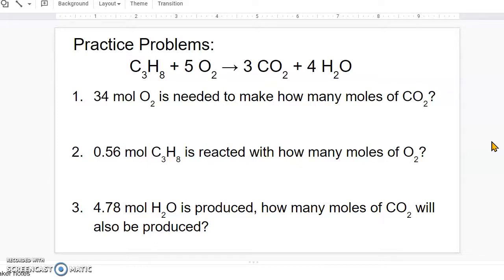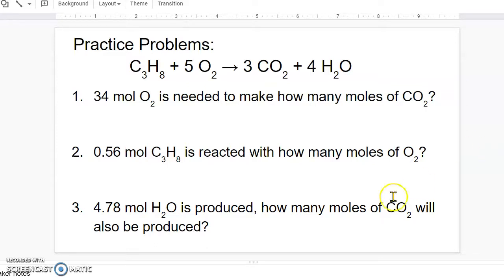So for number 1, it's going to be 20.4 moles of CO2, and I will put that on the screen. For number 2, the right answer is 2.8 moles of O2, and for number 3, the right answer is 3.59 moles of CO2.